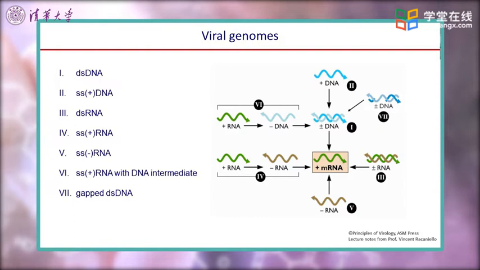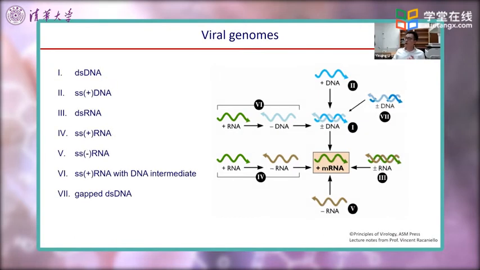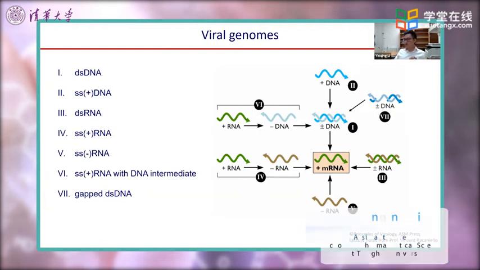The viral genomes, or its complete genetic material, can be one of 7 different forms, depending on whether it's made of DNA or RNA, and whether it's single strand or double strand, and when it's single strand, whether it encodes the same sequence or the complementary sequence compared to the mRNA, which is the RNA that is used to produce the viral proteins.